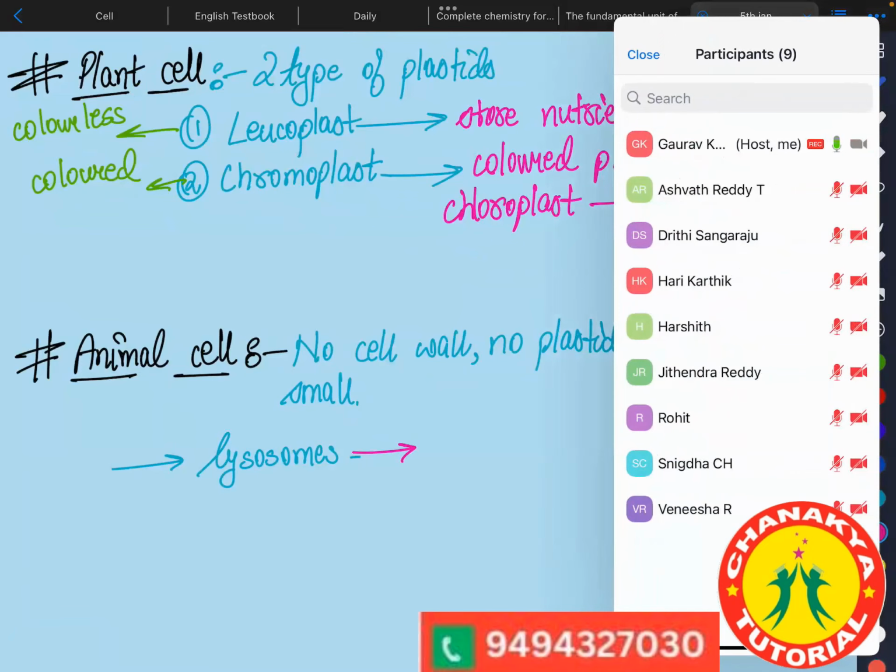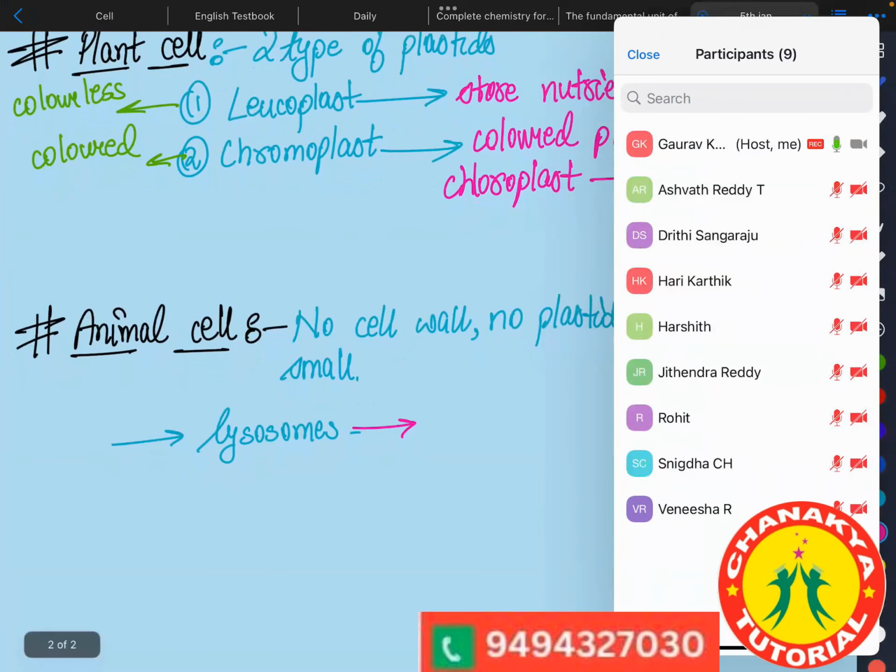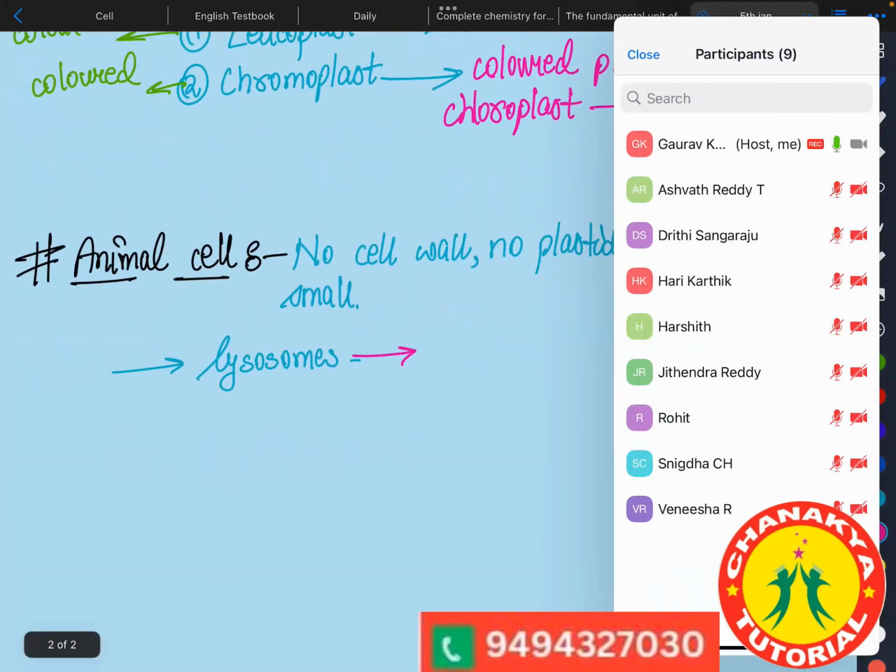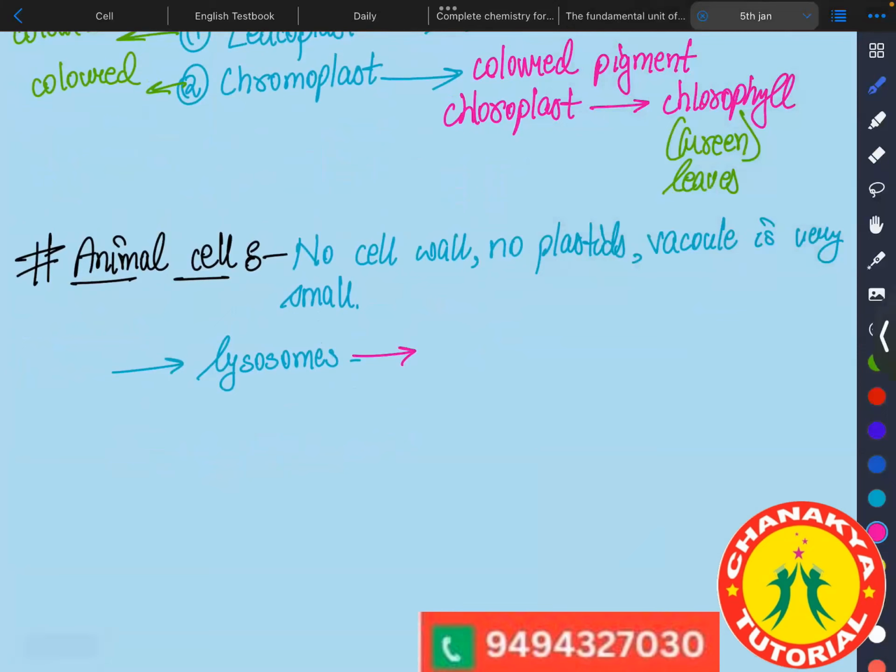No function of lysosomes? Sir, they remove the waste material from the cell. Correct. We have read about lysosomes. So it is used to digest or remove the waste material.